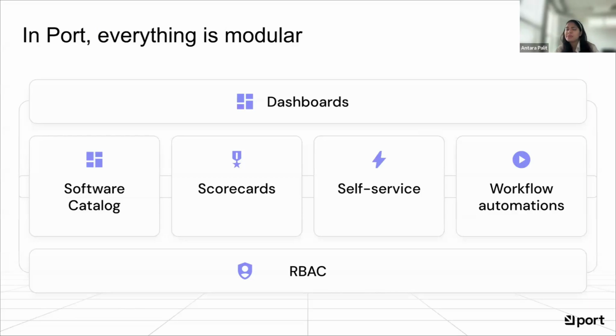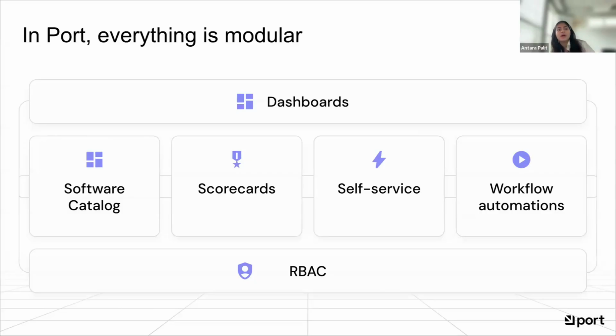First up, we have the software catalog. We say software catalog, not just service catalog, because it should really include everything. That means your microservices and monoliths, sure, but also any cloud resources, vulnerabilities, incidents, basically anything that makes up your software landscape.